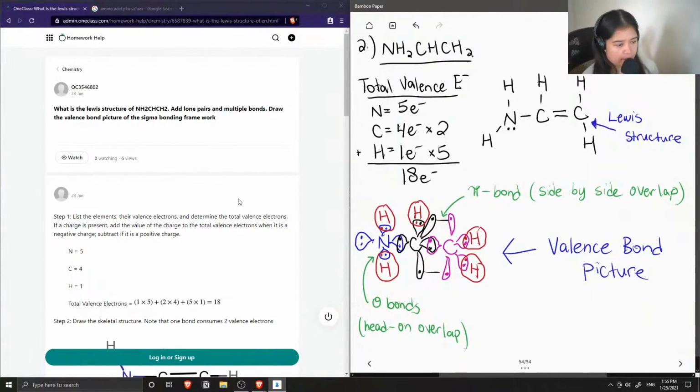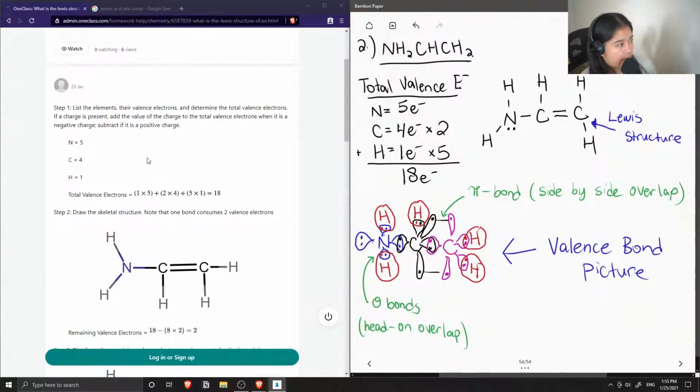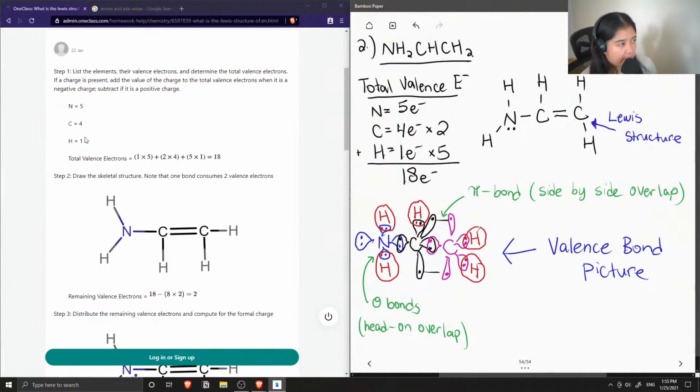Okay, so now let's see what the junior tutor said. Step 1 is to list the elements and their valence electrons. Just give me a second to count that out to make sure that we have a total of 18. And determine the total valence electrons if a charge is present: add the value of the charge to the total valence electrons when it is negative, subtract if it is positive.